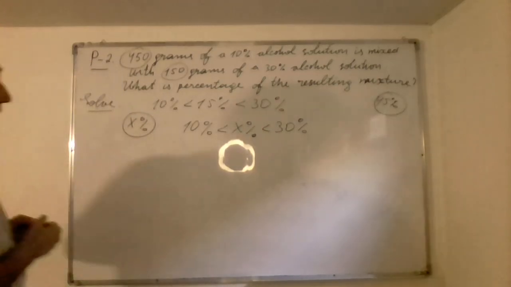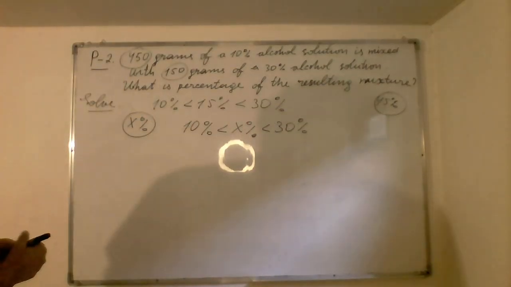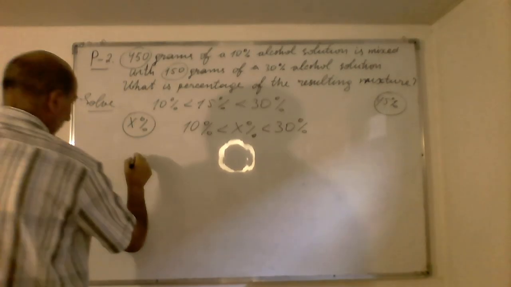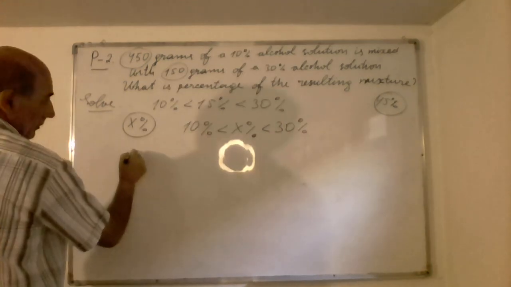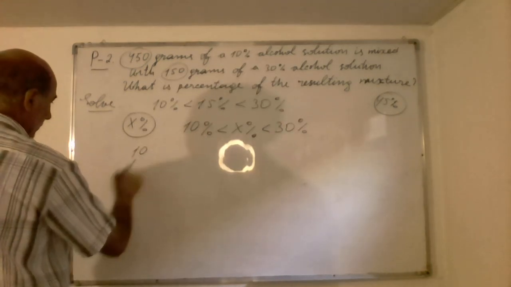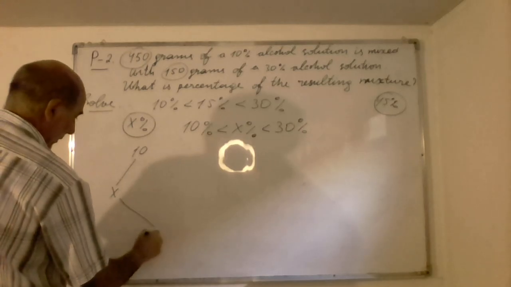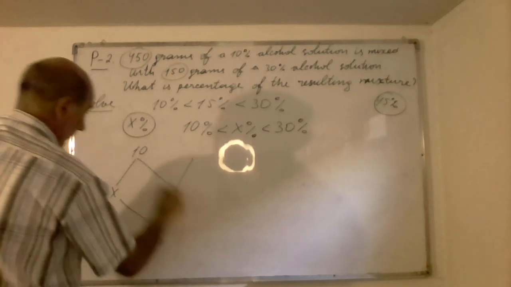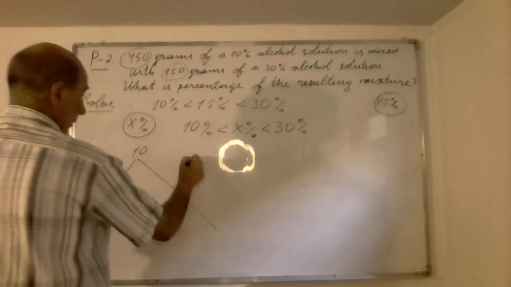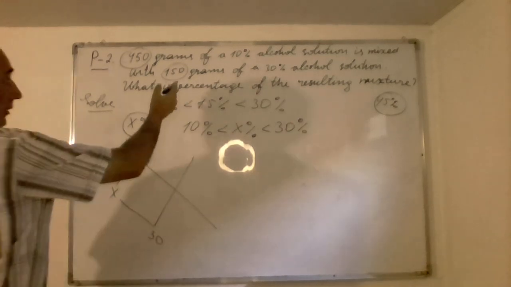Then we can draw the diagram: 10%, X%, 30%. The conditions of the problem.